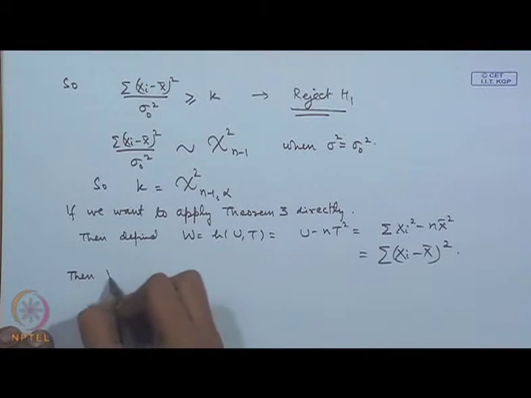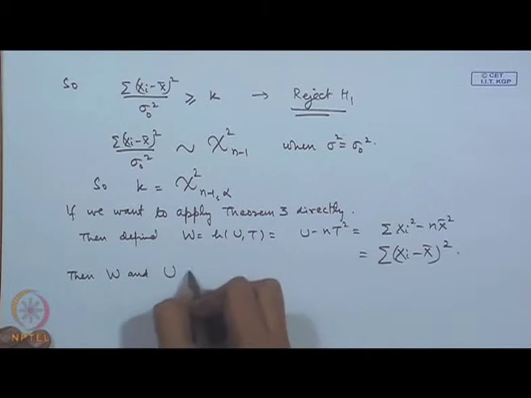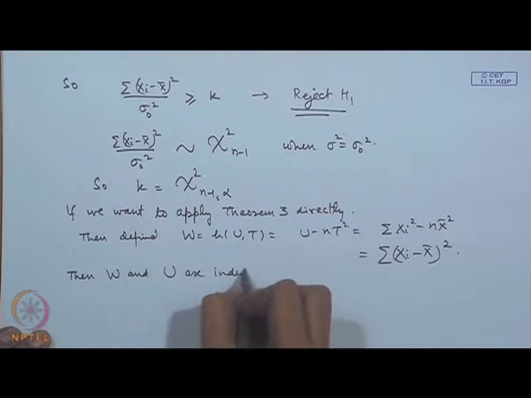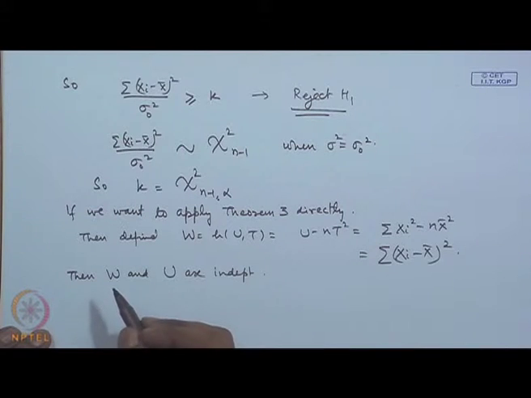Then W and u are independent. So, for sigma square equal to sigma naught square also they will be independent, and W is increasing in u.